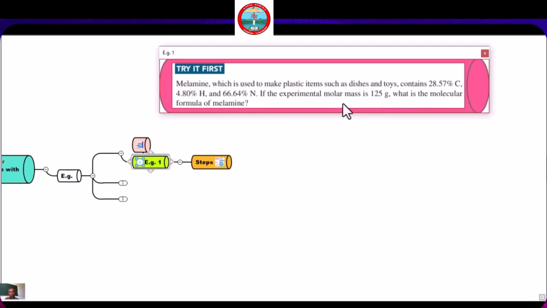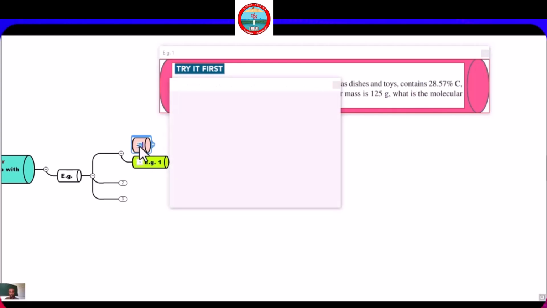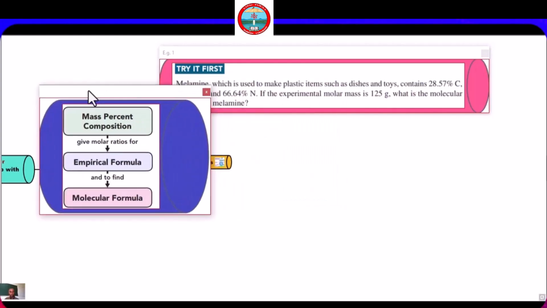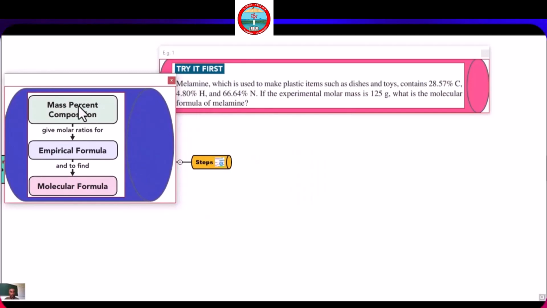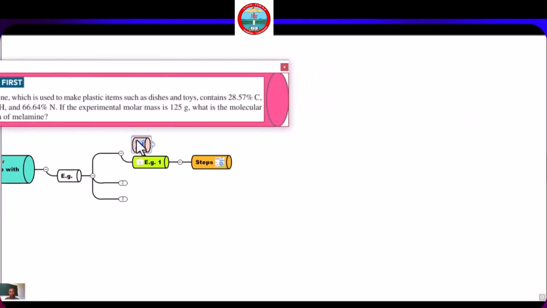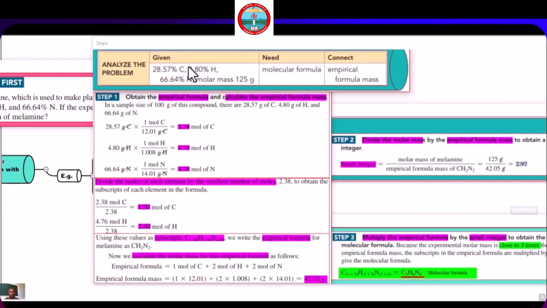So to do this, we will use the mass percentage composition to obtain the empirical formula, and use the empirical formula to find the molecular formula. The answer is this one we have given, and we need to find the molecular formula, connecting it with the empirical formula.